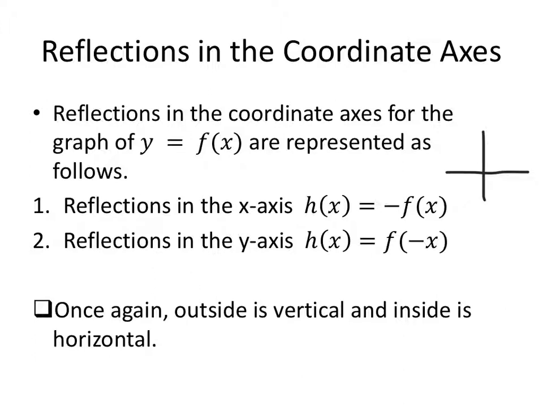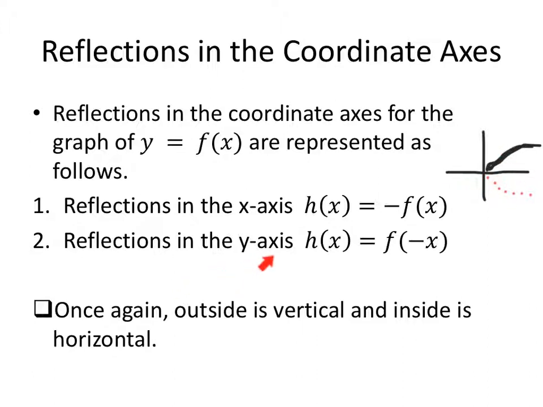I might take a standard square root graph, and if I reflect it, my image will be down here. So reflected in the x-axis uses the x-axis as the mirror, but notice that it affects the y values because the negative's on the outside. It's going to affect the vertical. It's going to be a vertical reflection where the x-axis is the mirror.